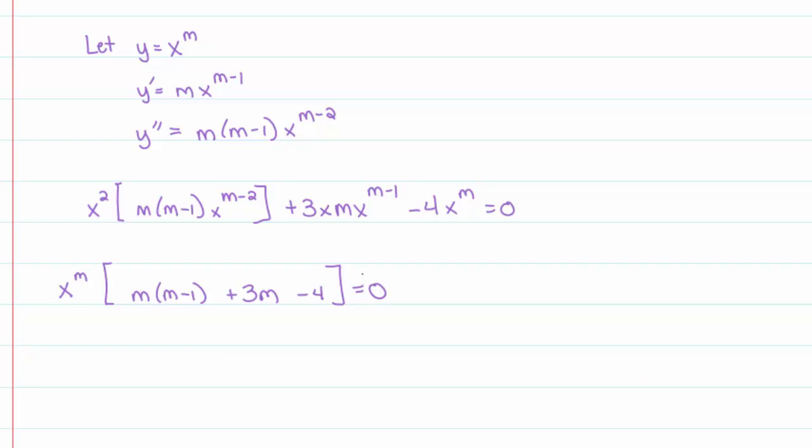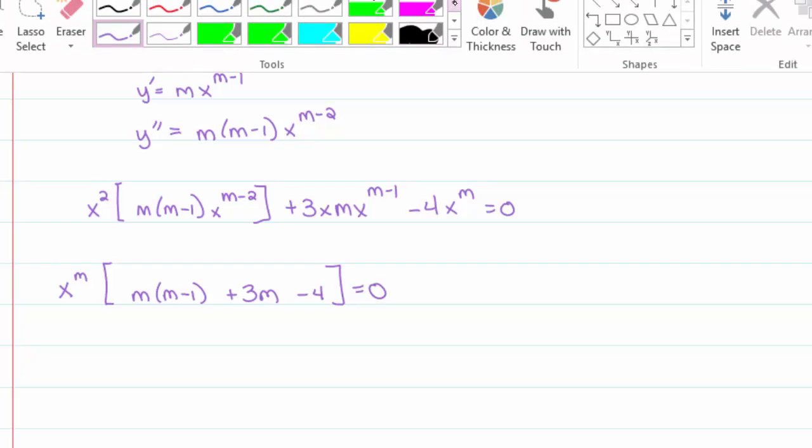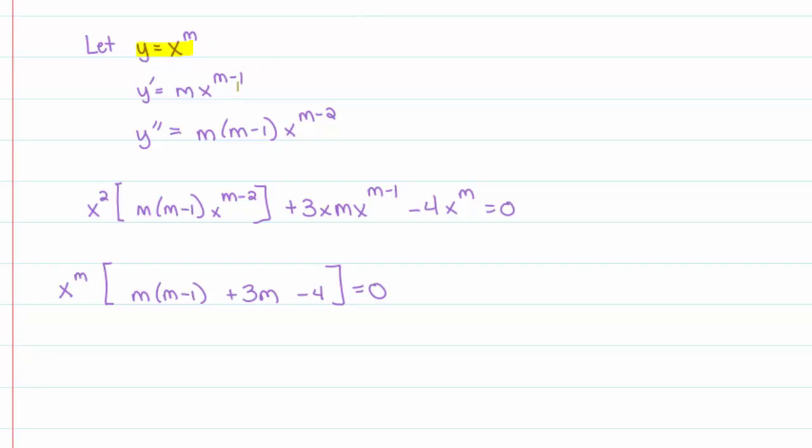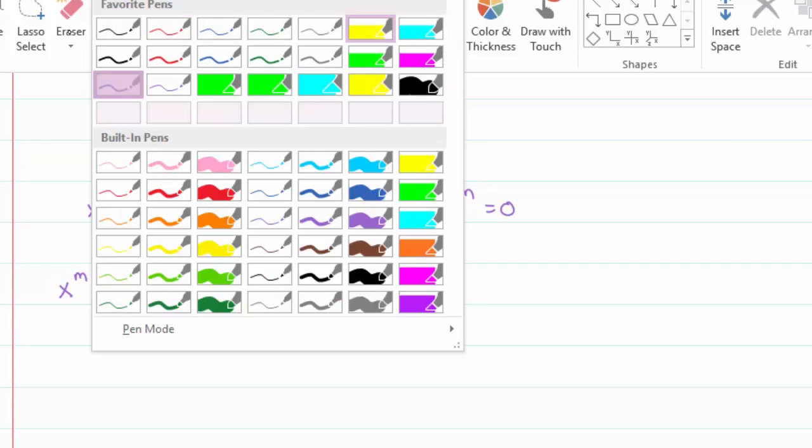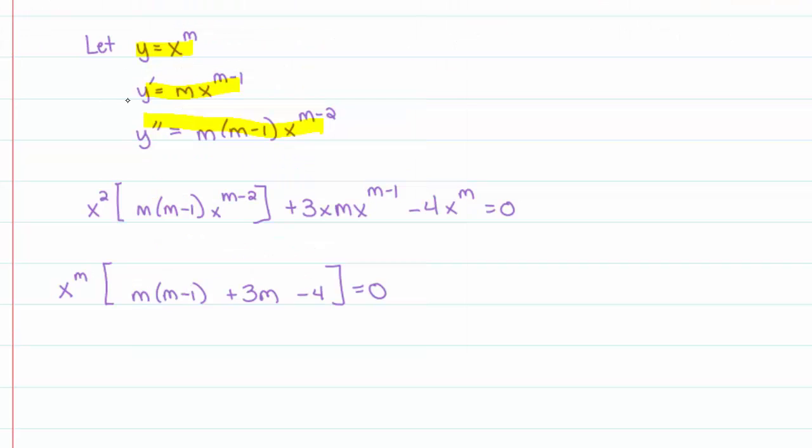It's my opinion you should do this every single time when you're solving a Cauchy-Euler differential equation. Just build these equations right here and insert them into the differential equation, because trust me, it's not readily or easily done to memorize all the forms you're going to see, so it's much easier just to do this.